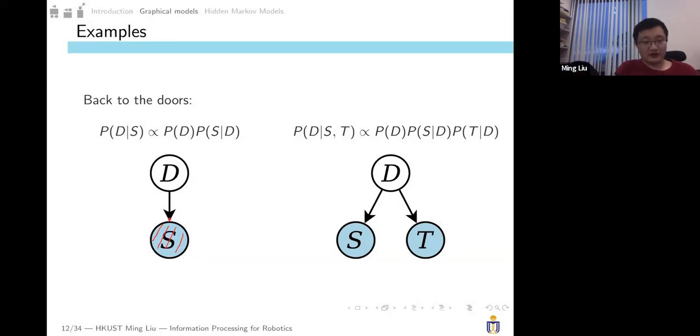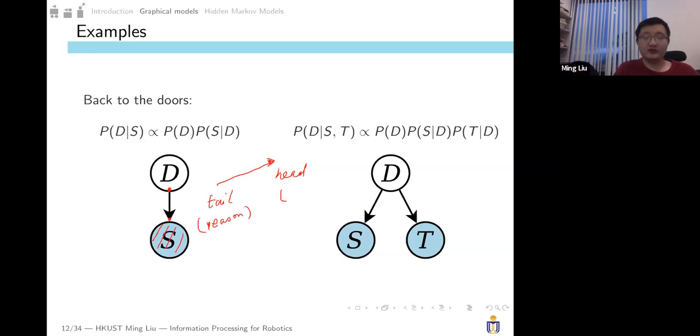For any arrow, you have a tail and a head. The tail you can call the reason, the cause, and the head part is the result, the consequence.